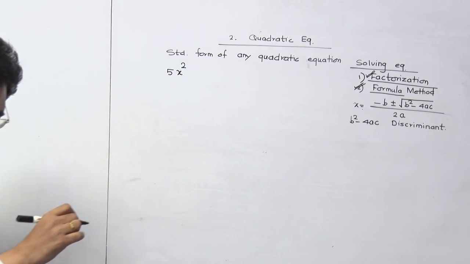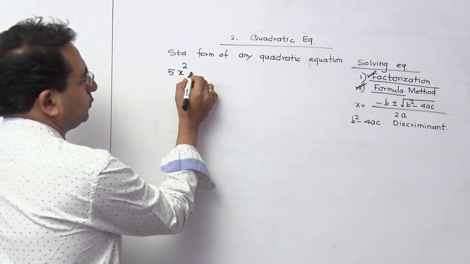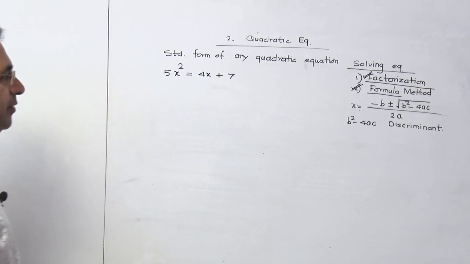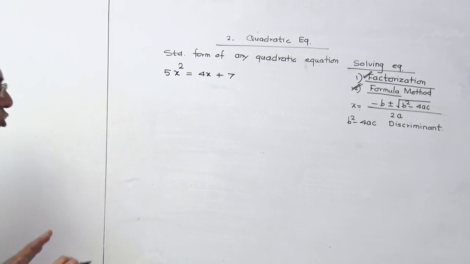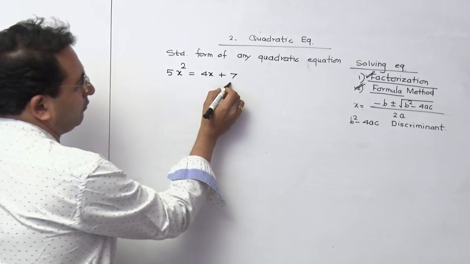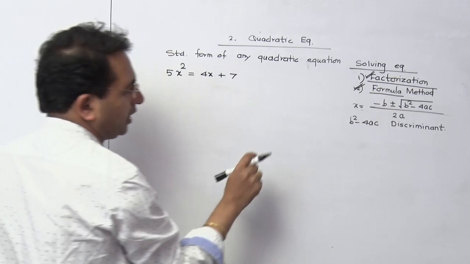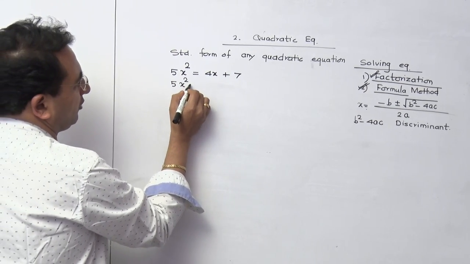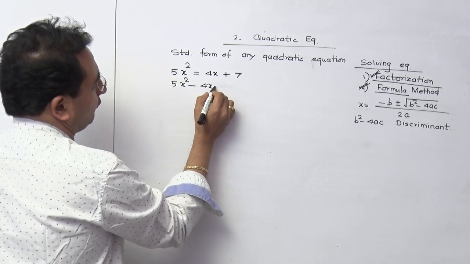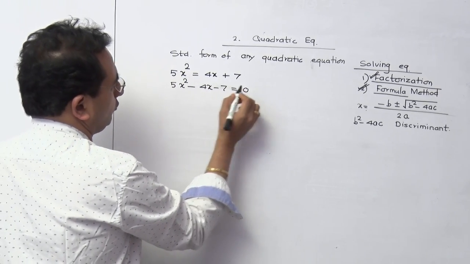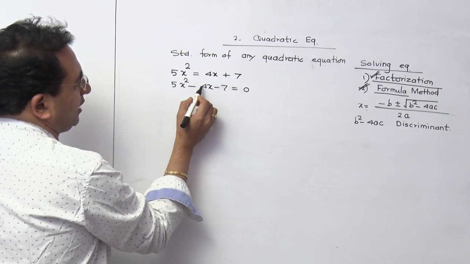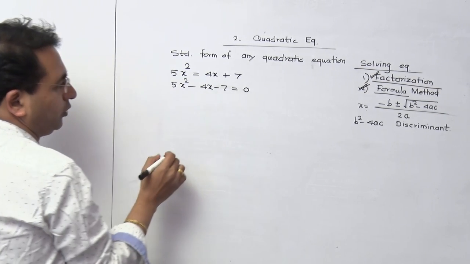It is 5x square is equal to 4x plus 7. As I mentioned earlier, this is not the right form for the formula. For this, we have to write the equation in standard form: 5x square minus 4x minus 7 is equal to 0.